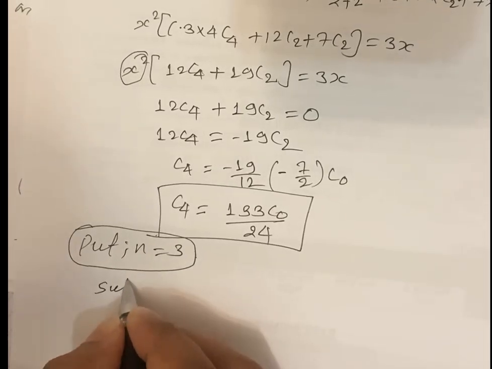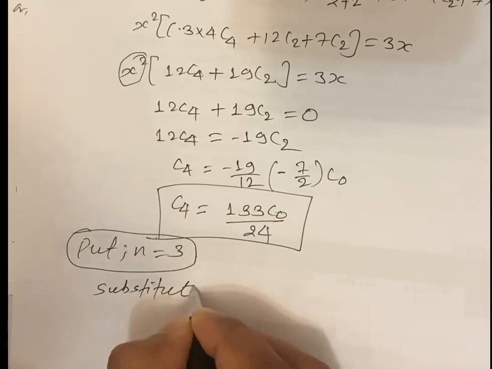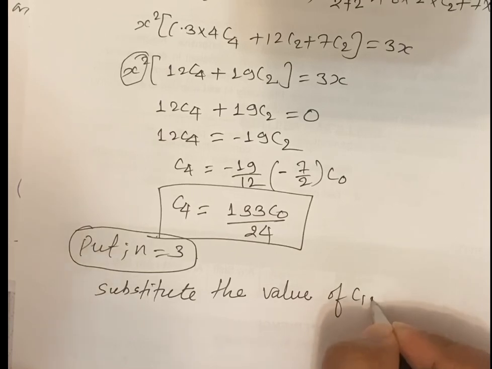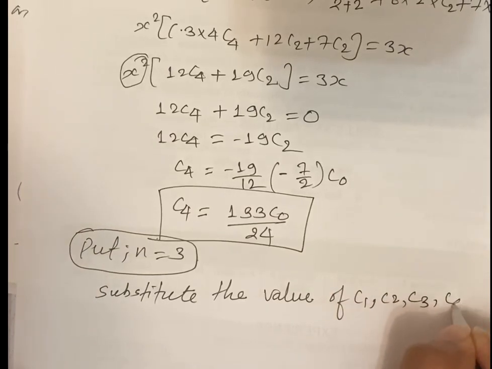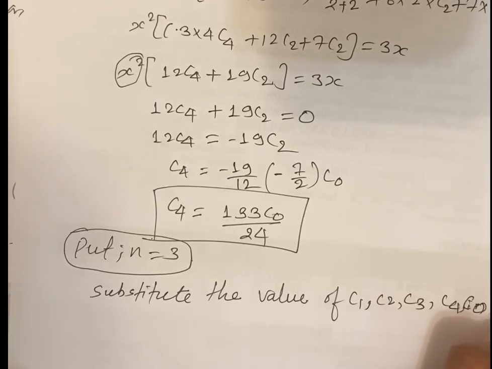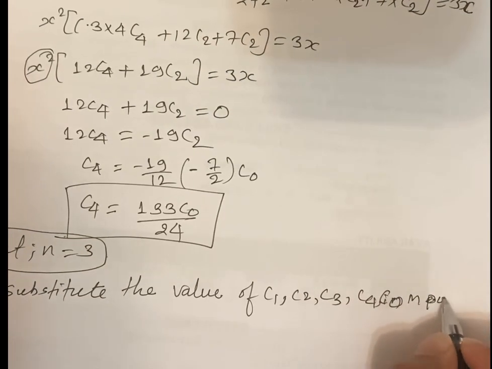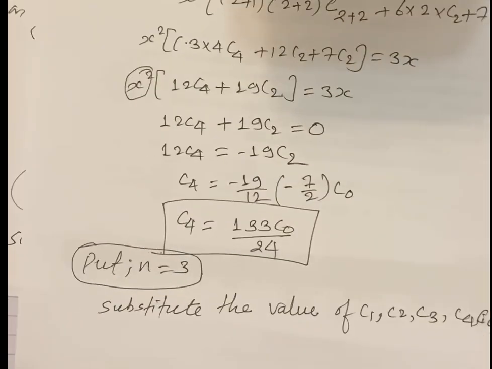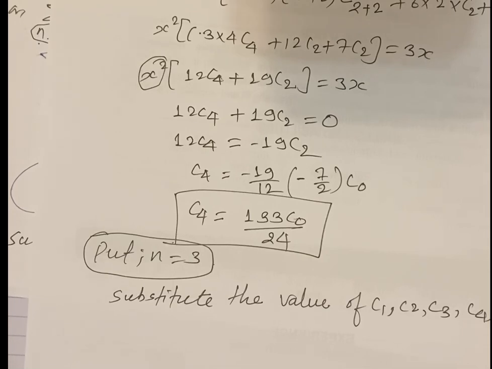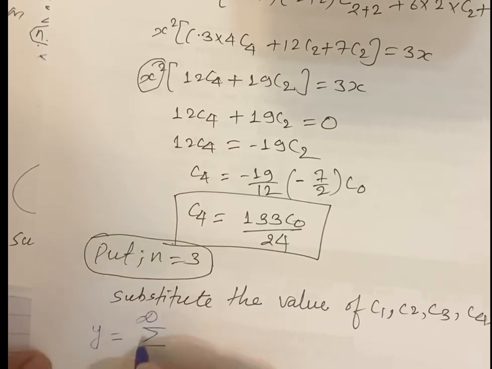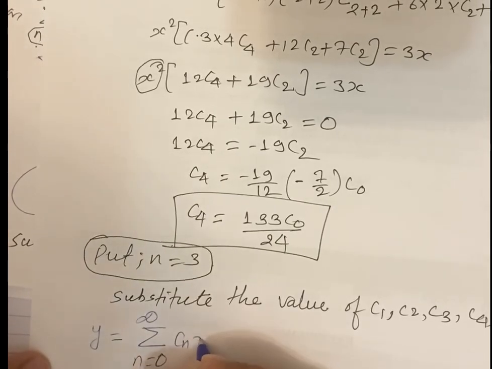Now substitute the values of c1, c2, c3, c4, c0 in the power series equation. What is that power series equation? We have already written that power series equation, that is y is equal to sum from n is equal to 0 to infinity of cn x power n.